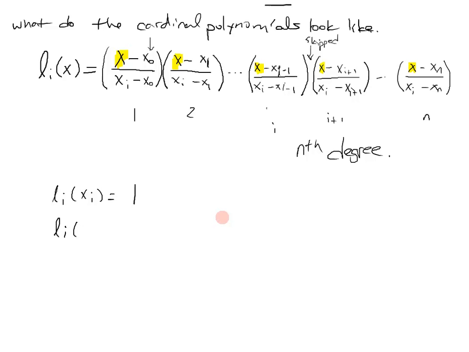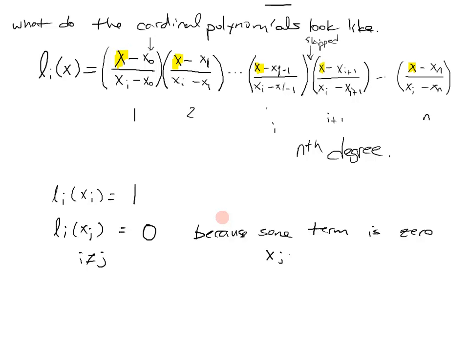Now what happens if I do Li of xj, and again i not equal to j? What happens there? Well, since the one term that we skipped was when they were the same, somewhere in here the term is 0, right?